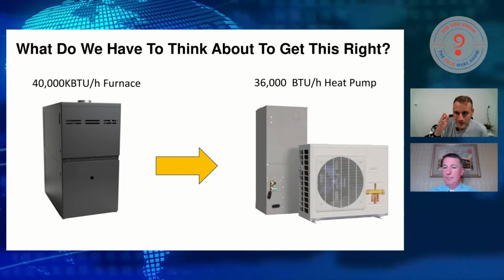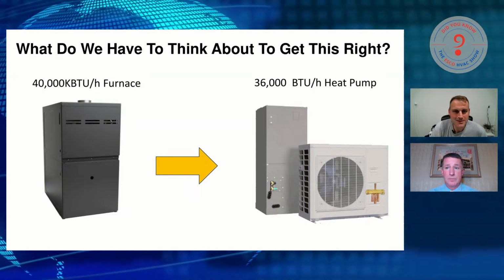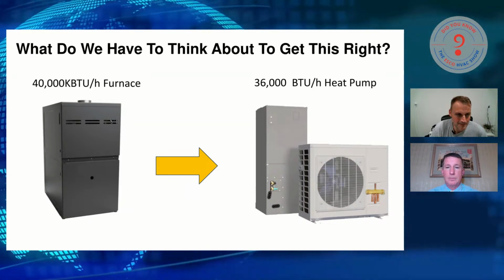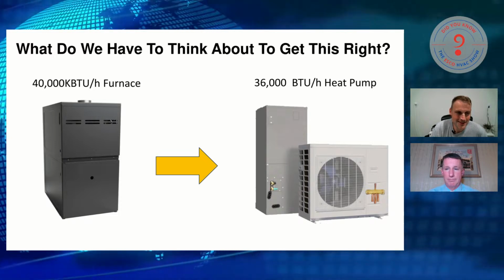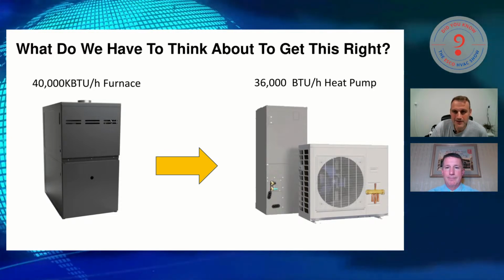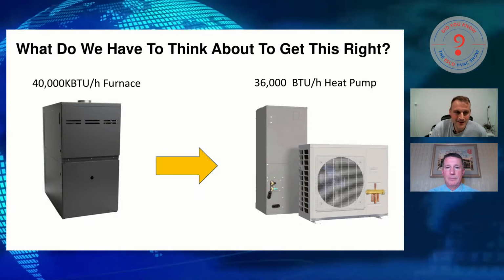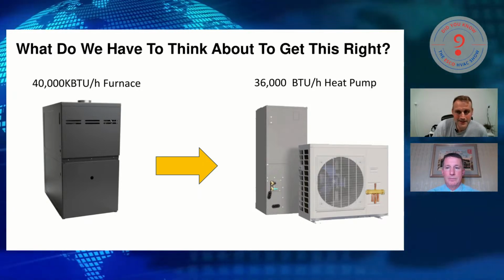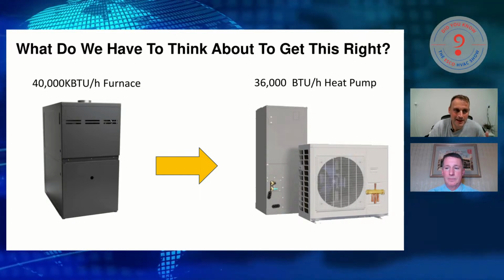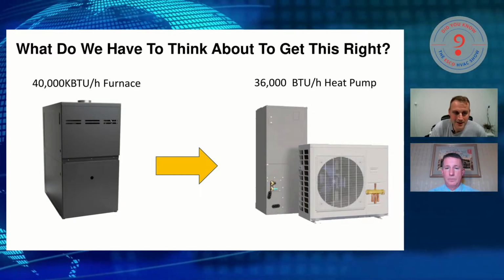For example, you've got a 40K furnace, and now you want to put in, let's say, a 36,000 BTU heat pump. That's a game changer, right? Let's say that furnace wants to move about 120 CFM for every 10K BTU. That's about the airflow it's going to move. Now, this heat pump's going to move about 400 CFM per ton of air conditioning.